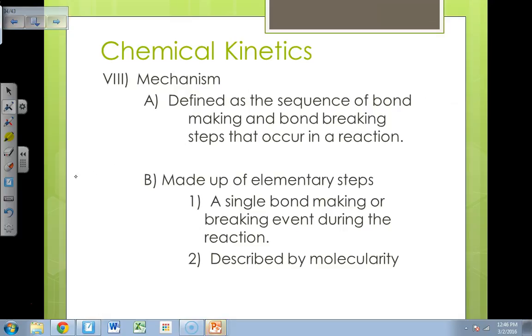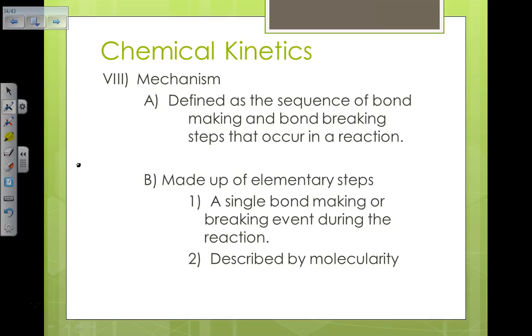So if we have reactants, and I am just going to make it X, whatever the reactants are, and then we have products over here that are Y. Somehow those reactants have to go from X to Y, and they travel by a pathway. And that pathway is called the mechanism.